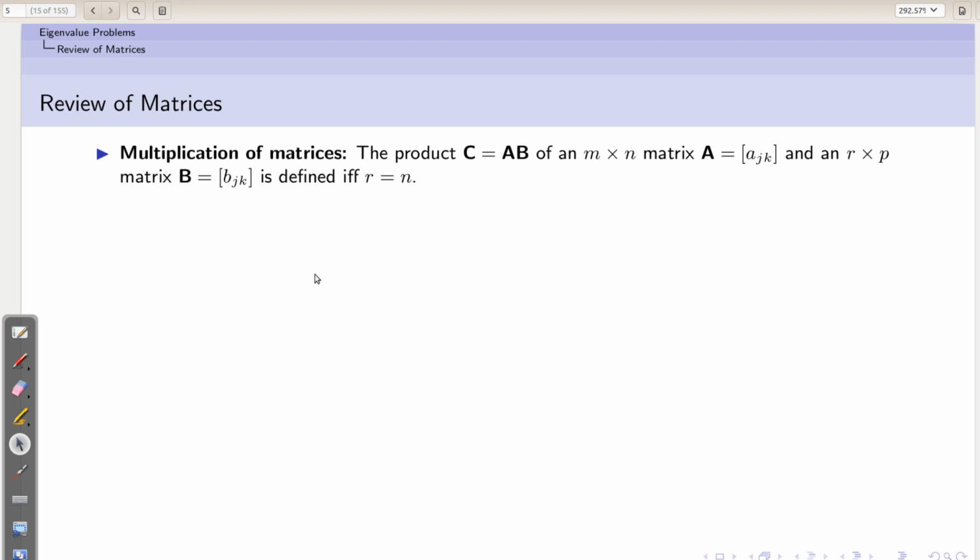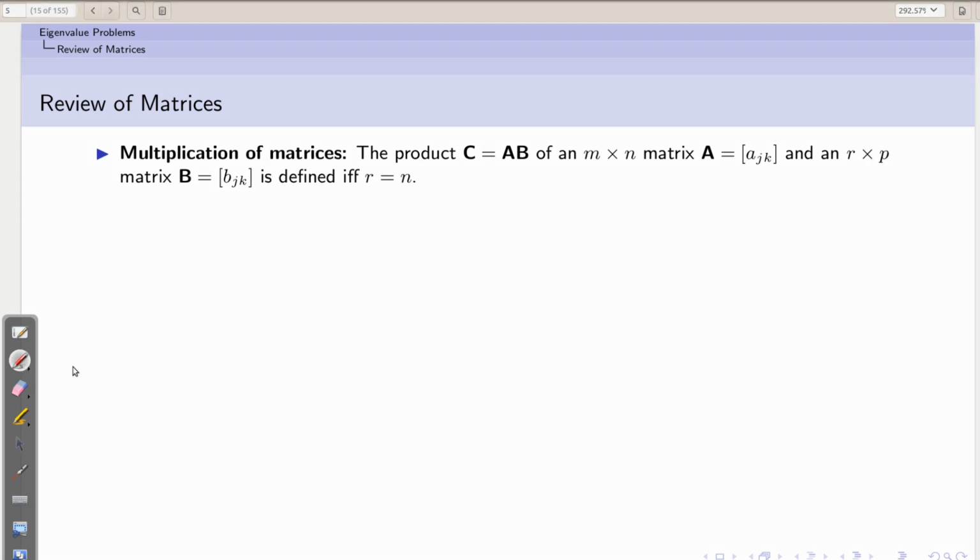Moving forward, multiplication of matrices. Suppose I am having two matrices A and B, and I want to find out the product of these two matrices. A is an M cross N matrix, and B is an R cross P matrix.